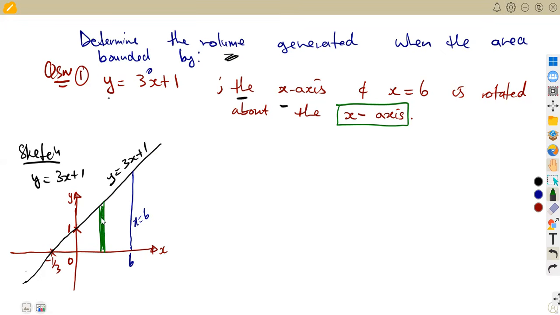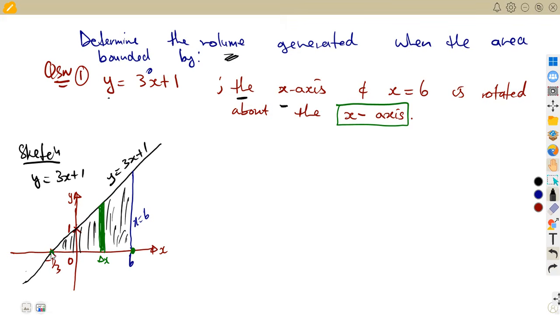Using the disk method is just a direct calculation of the volume with respect to the axis that you are given, and also bounded by this line, the x-axis, and x is equal to 6. This is going to be covered from minus a third. So if you're talking about this region here, the limits that you're going to have are minus a third at this point and positive 6. All right, so that is where we are going to consider our volume in this case. So this is the part that we're talking about.